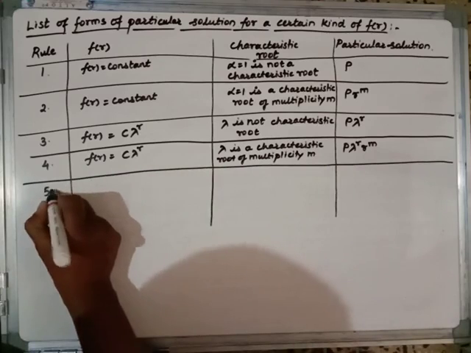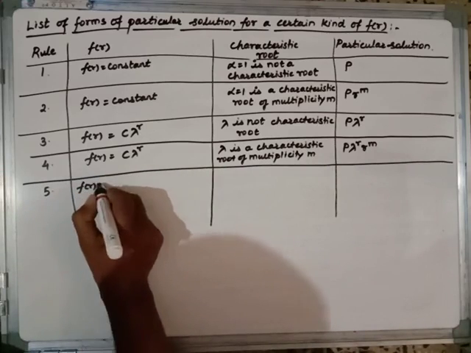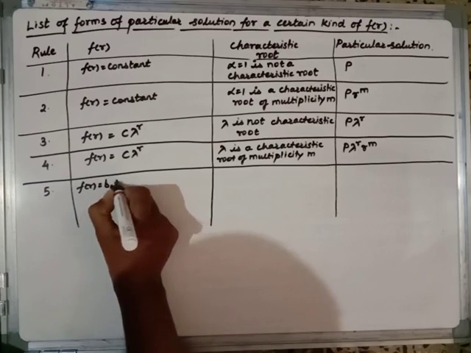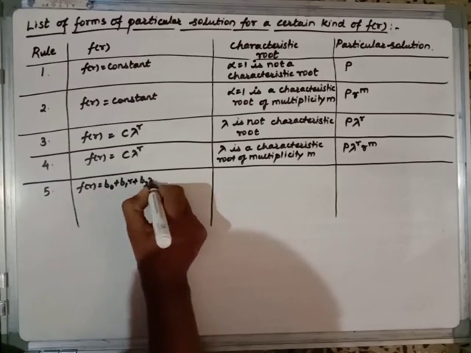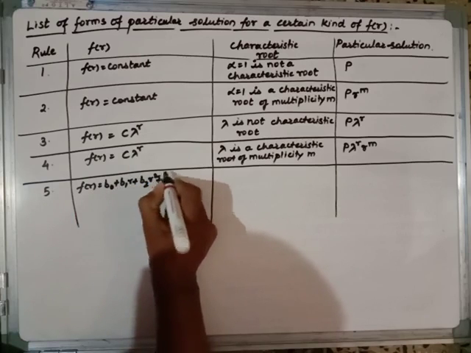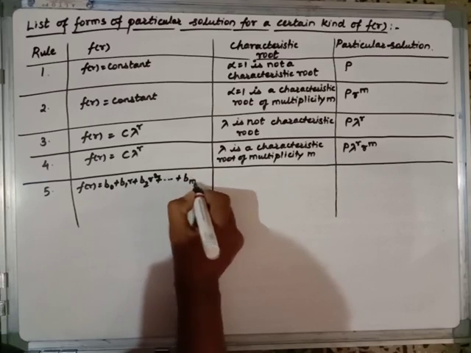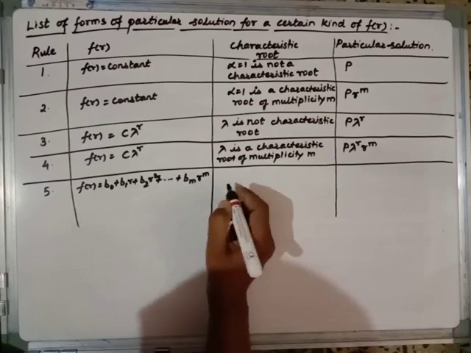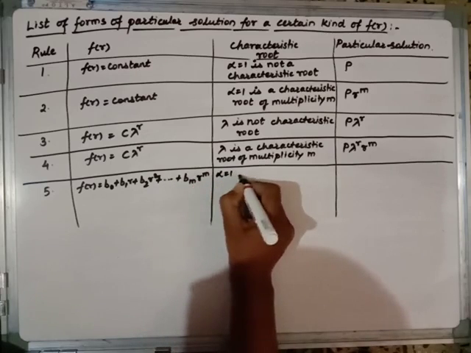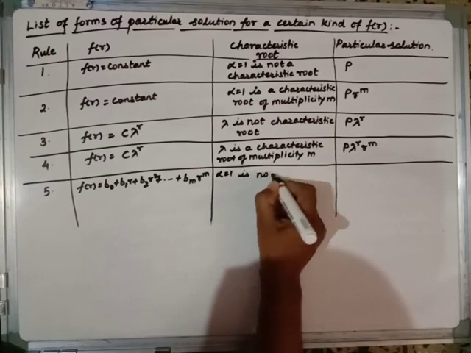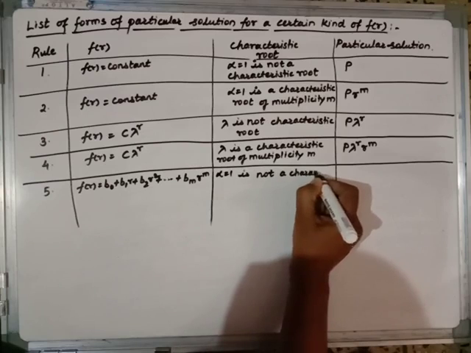Then the fifth rule says, suppose f of r is a polynomial, as such: b0 plus b1r plus b2 r square plus so on up to bm r raised to m, where alpha equal to 1 is not a characteristic root.